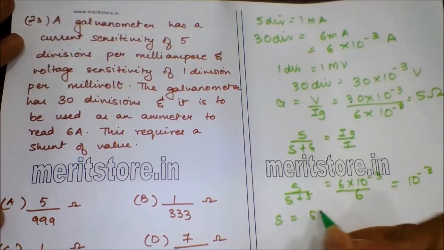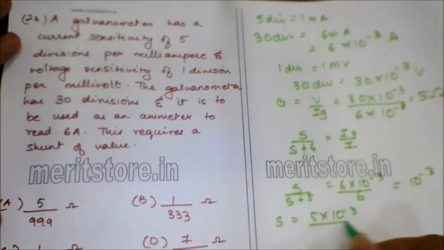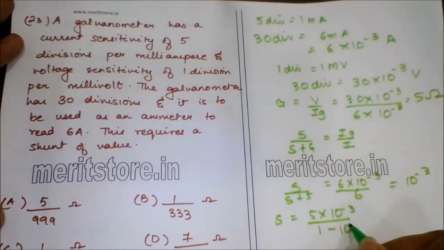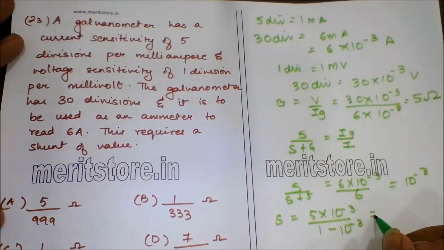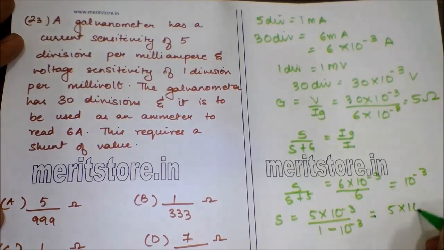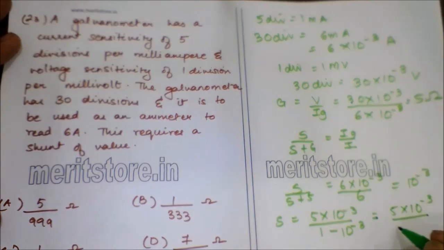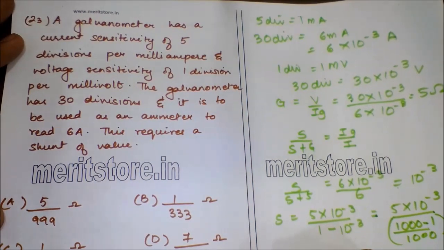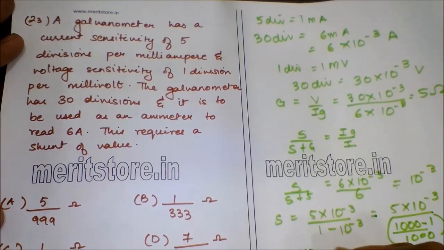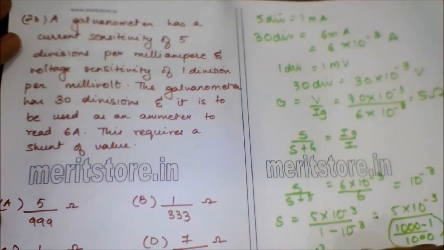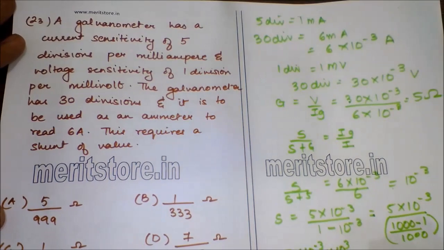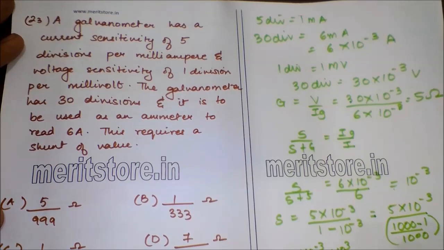S is equal to 5 into 10 raised to minus 3 upon 1 minus 10 raised to minus 3, which is equal to 5 into 10 raised to minus 3 upon 1000 minus 1 upon 1000, which on solving we get 5 into 10 raised to minus 3 into 10 raised to 3 upon 999, which is equal to 5 upon 999 ohms.